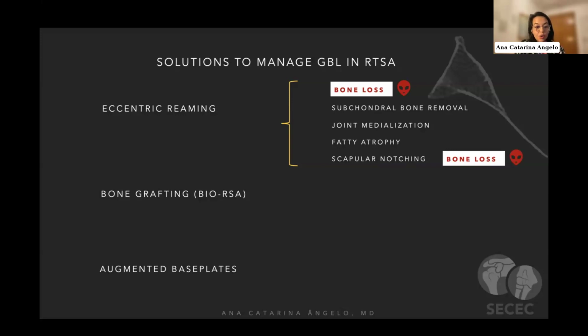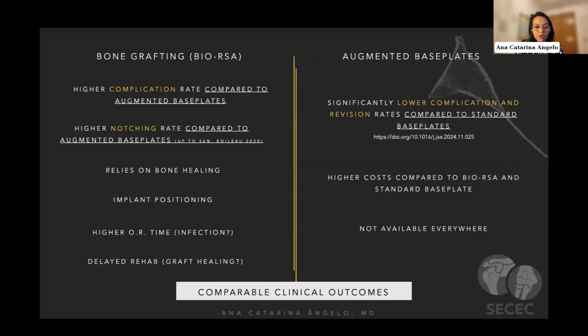So this leaves us with bone grafting, so the well-known BioRSA versus the augmented base plates of reverse. So Olivier is going to talk much more deeply about this. I'm not going to go too far on this, but resuming, when you consider BioRSA versus augmented base plates, what you know is that augmented base plates are actually more expensive. They are higher costs, and they're not available everywhere.